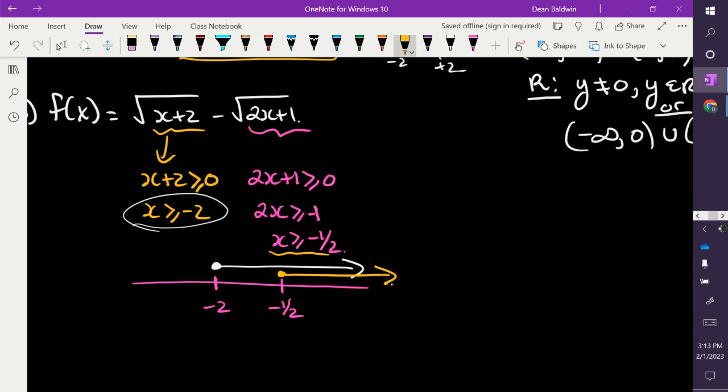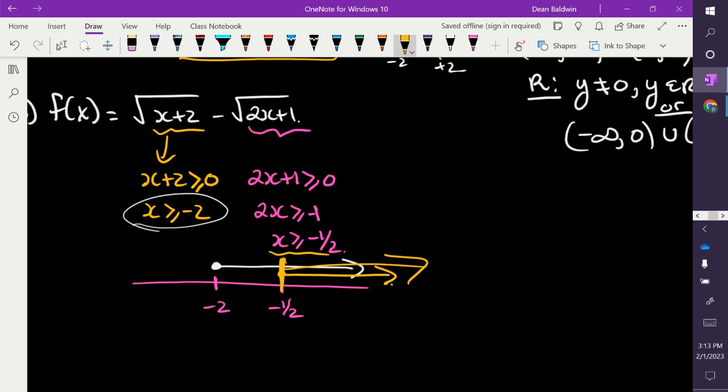And then you ask yourself, where do they overlap? Yeah, they overlap from here on. So that's your domain. Because if you put, say, -1 in here, -1 works for this one, but -1 will not work for this one. Okay? So you use the one that essentially is the most restrictive.